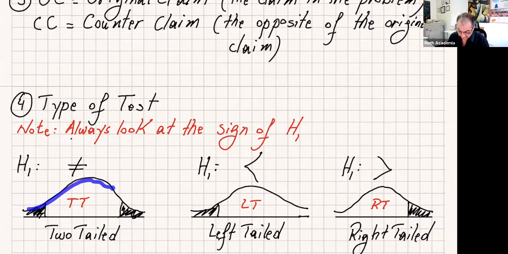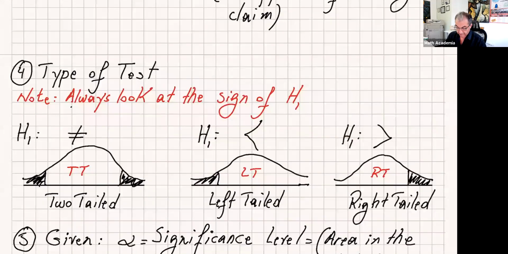You can draw this graph. Two-tail, that means you have a right tail and a left tail. If the sign of H1 is less than, then you're dealing with a left tail test. If the sign of H1 is more than or greater than, then you're dealing with a right tail test.